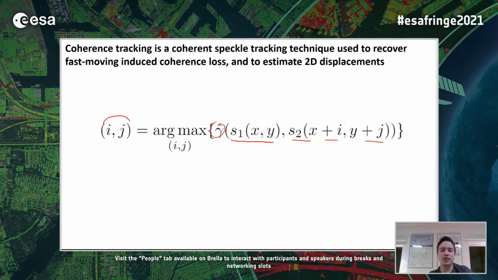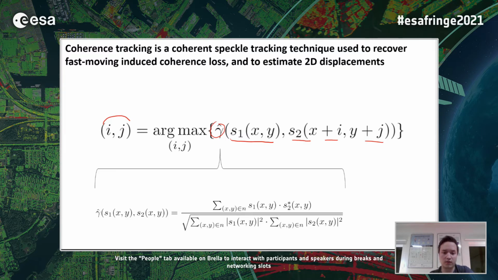We are using the estimation of the coherence given by this formula. This estimation of the coherence is equal to the coherence provided that we can respect ergodicity, which is already quite ambitious when you are studying ice shelves and fast-moving areas.